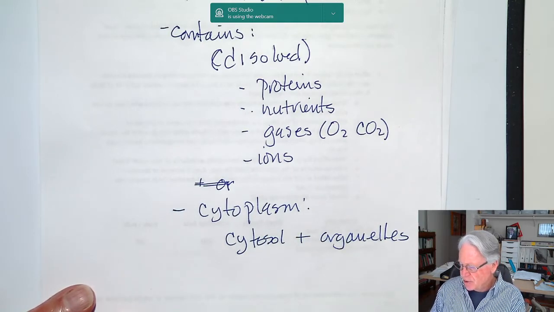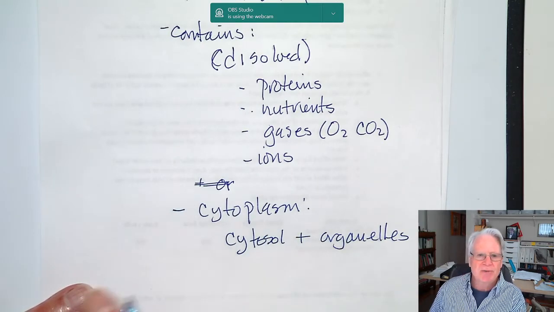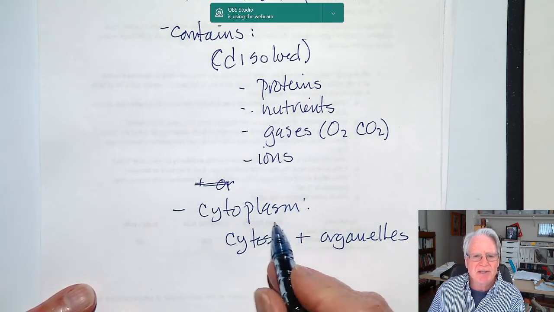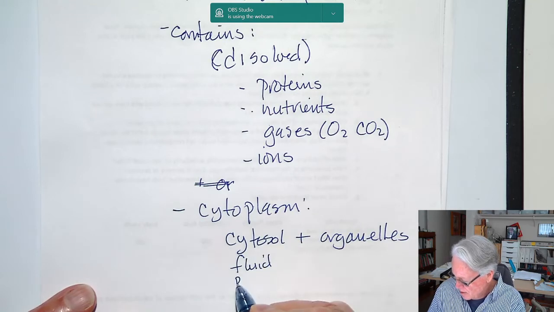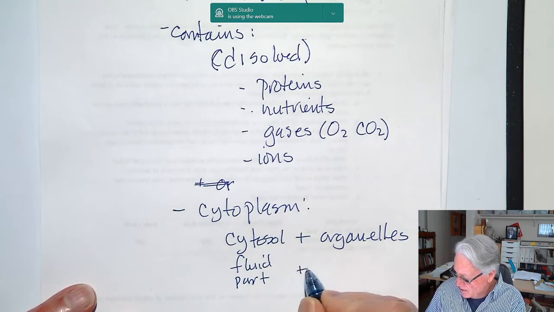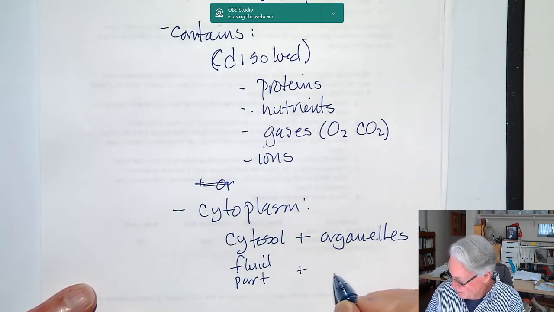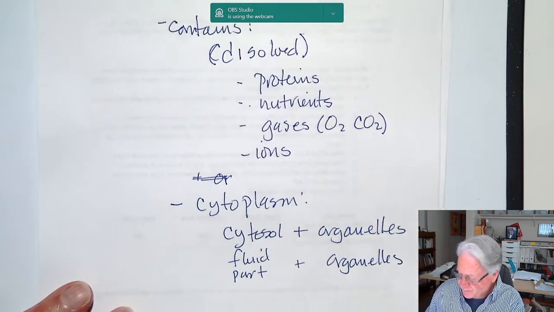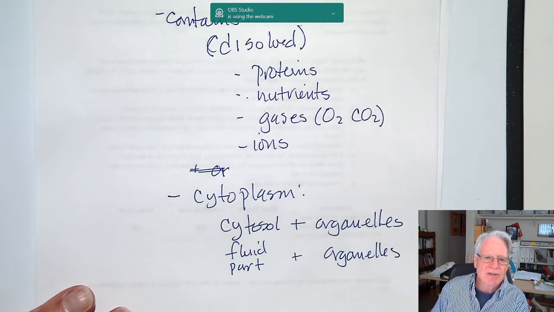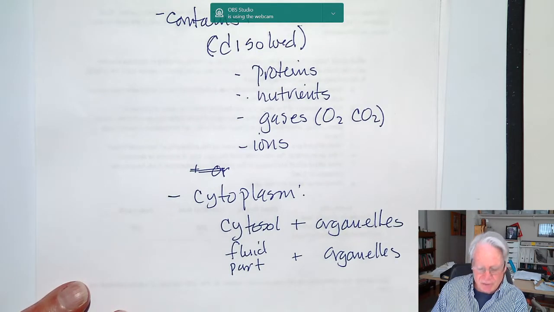So the terminology is quite similar between cytoplasm and cytosol, but this is the fluid part, plus the organelles. Those two things together, the fluid part and the organelles, are referred to as the cytoplasm. Okay.